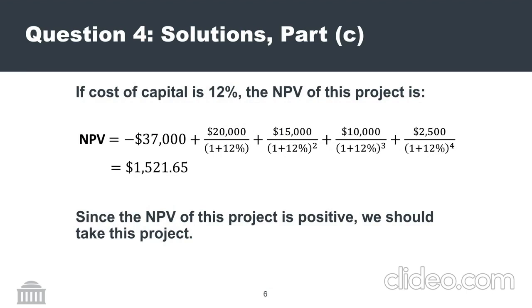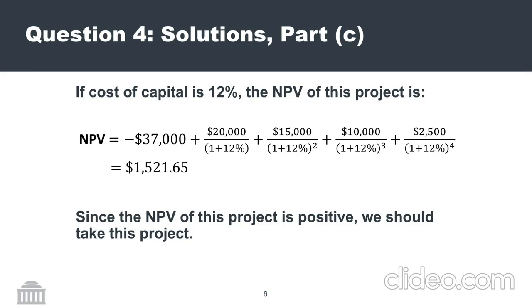Negative $37,000, which is the initial investment, plus $20,000 that we receive in year 1, discounted to present, plus $15,000 that we receive in year 2, discounted to present, plus $10,000 that we receive in year 3, discounted to present, and finally $2,500 that we receive in year 4, discounted to present. Altogether, this equals $1,521.65. Since the net present value of this project is positive, we should take this project.